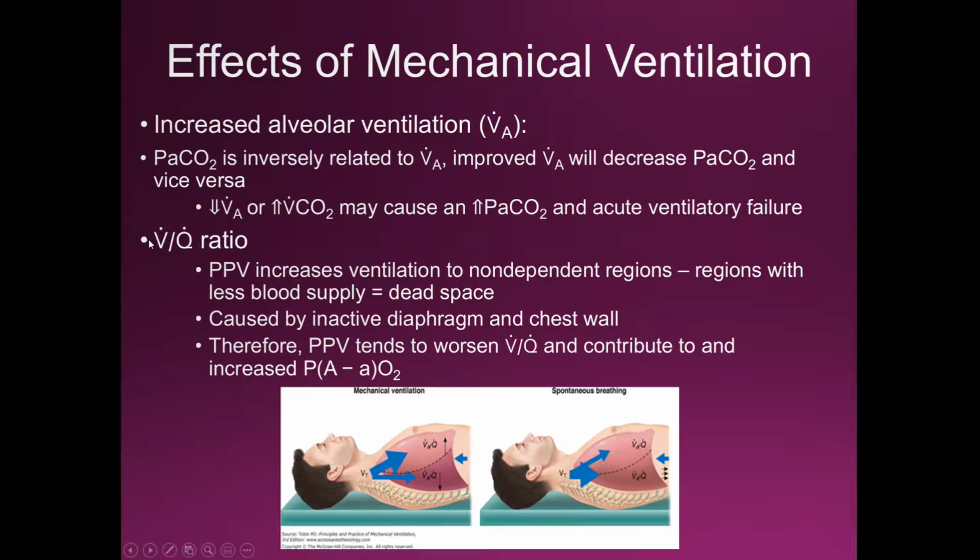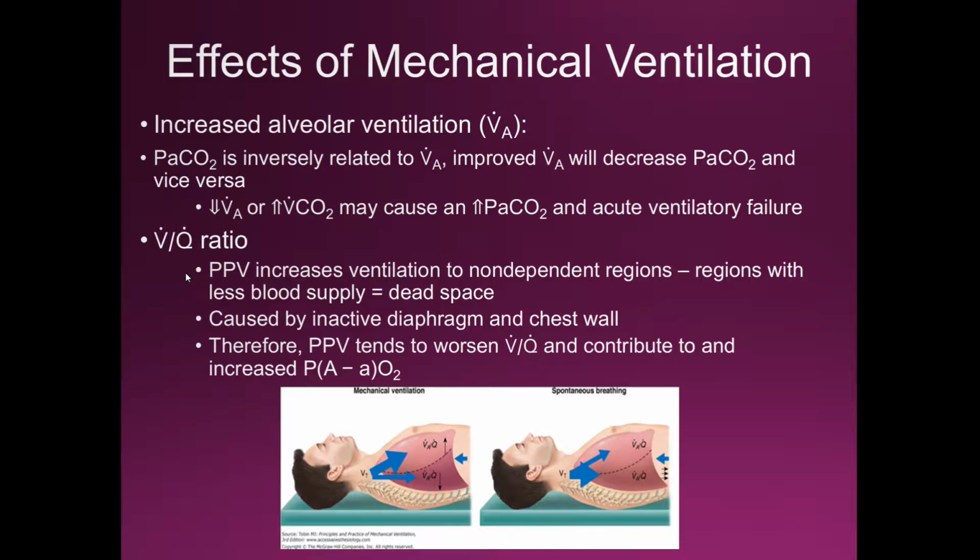Again, we talked about VQ ratio. We talked about how the apices of the lungs have a high ventilation perfusion ratio, and the bases of the lungs have a low VQ ratio, and that deals with the fact that blood flow is greater at the bases due to gravity.